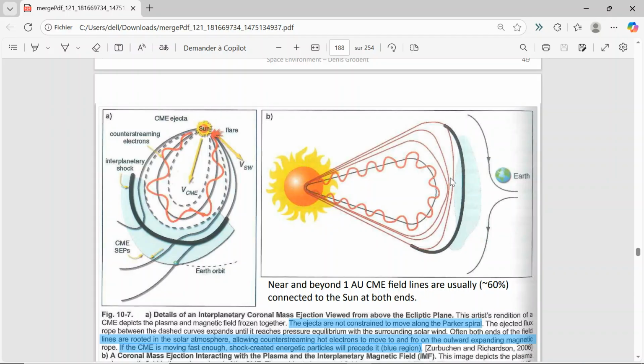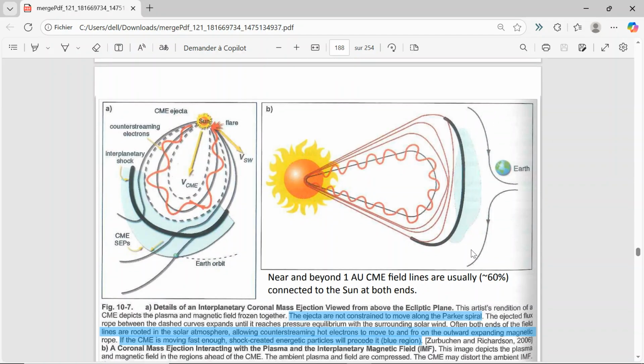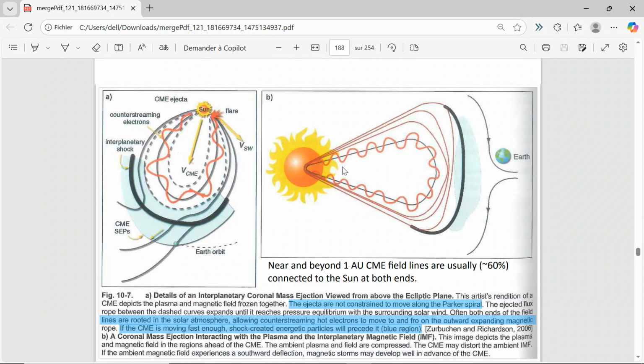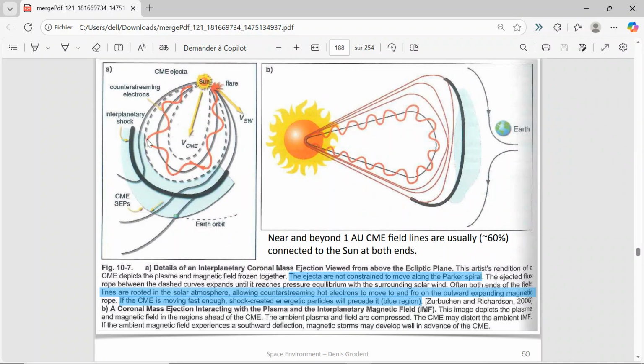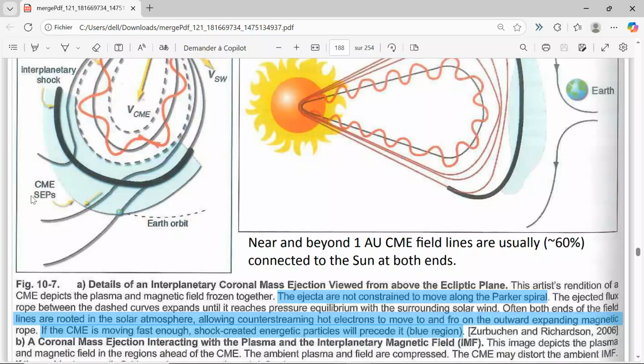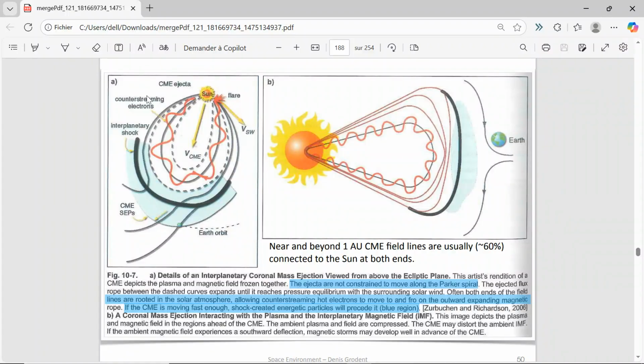And here you have the trapped particles that were not allowed to escape. As we said, this is a long duration event, so it will stay like this for a long time. So this is solar energetic particles that are released with that CME.